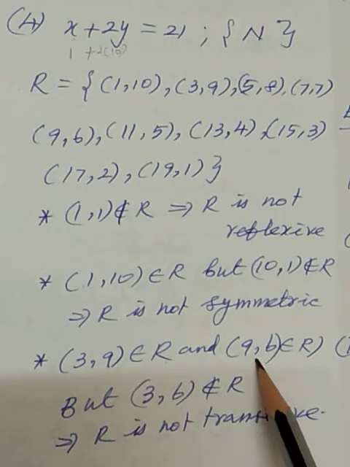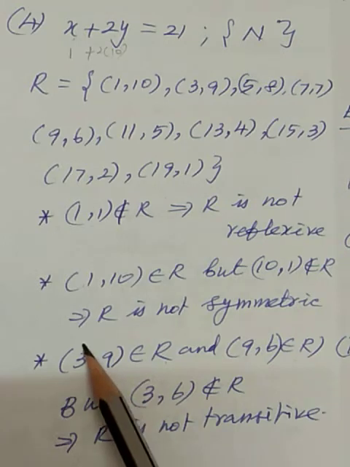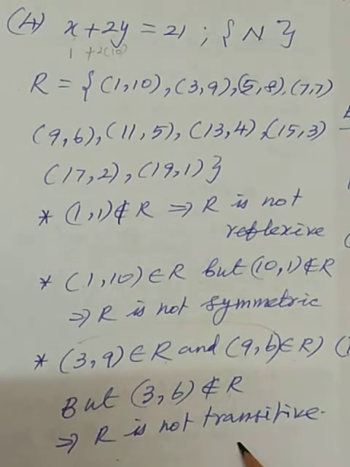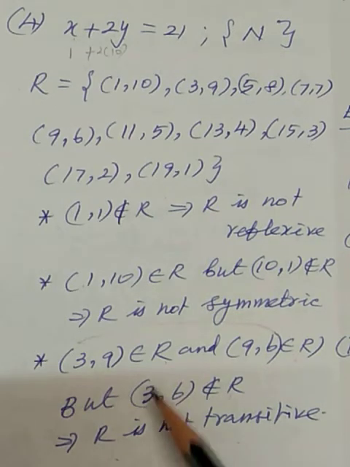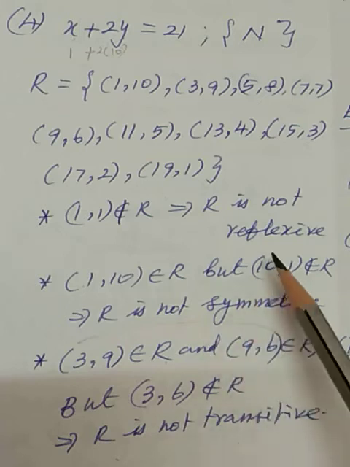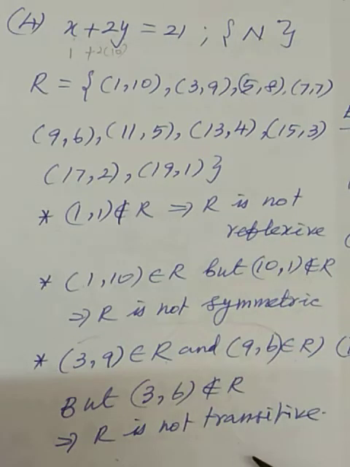So (9, 6) also belongs to R, but (3, 6) doesn't belong to R. Therefore, R is not transitive. So this is an example where none of the properties are satisfied. It is not reflexive, not symmetric, not transitive, and hence it is not an equivalence relation.